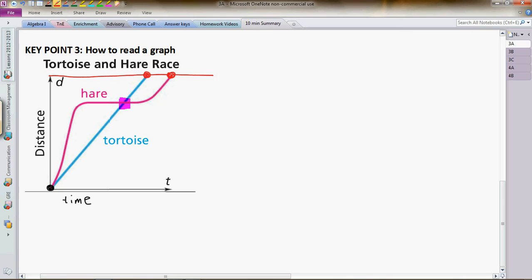However, if you look at the time, this is the tortoise's point, and this is the hare's point. The tortoise reached this point during this time, and the hare reached the same point at this time.